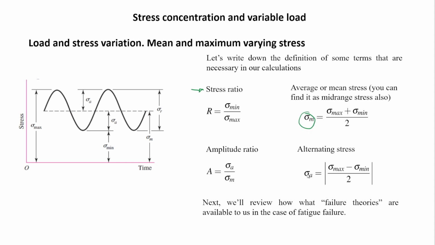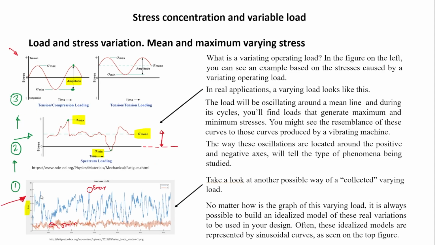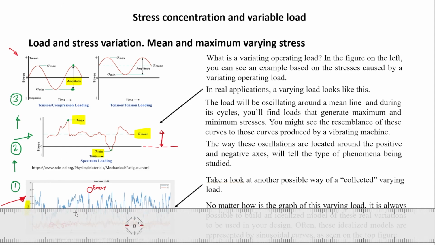Alternating stress measures the semi part of the curves, and is just finding out what this small piece of value is. But remember that this is the idealized version, and in the idealized version the alternating stress number is going to be the same. Now if I wanted to do a similar calculation here, I'd say, okay, you know what, the average of this is going to be something more or less like this.